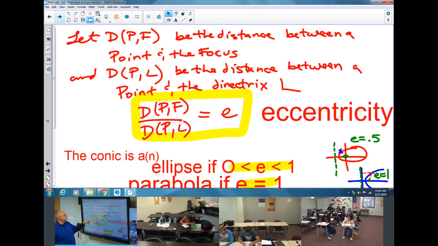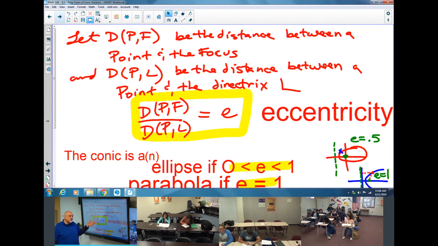Okay. So the ratio of those two distances, the distance to the focus divided by the distance to the directrix, we're going to define that as E. Now that's slightly different. When we were studying the ellipse, we said it was c divided by a.